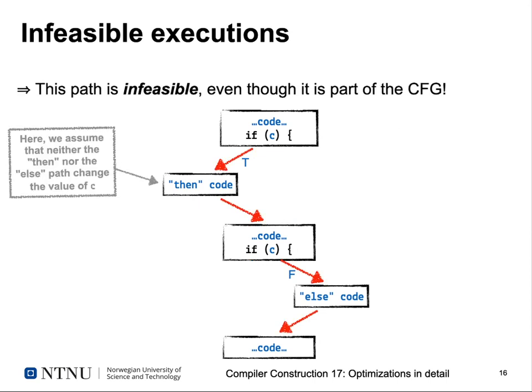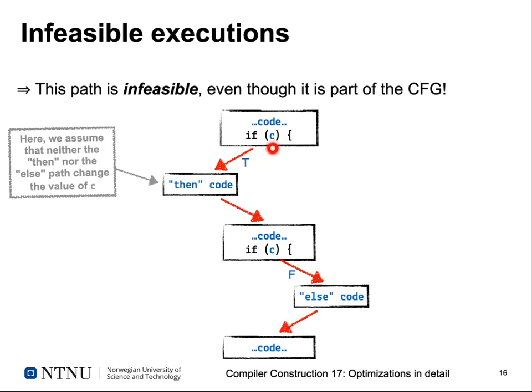So this actually creates the possibility to have some infeasible executions encoded in our control flow graph. For example, the path we show here, going first to the left-hand side to the then statement as a result of executing a jump after the first if, and then going to the right-hand side for the second if statement to the else statement, is actually impossible because the value of C hasn't changed.